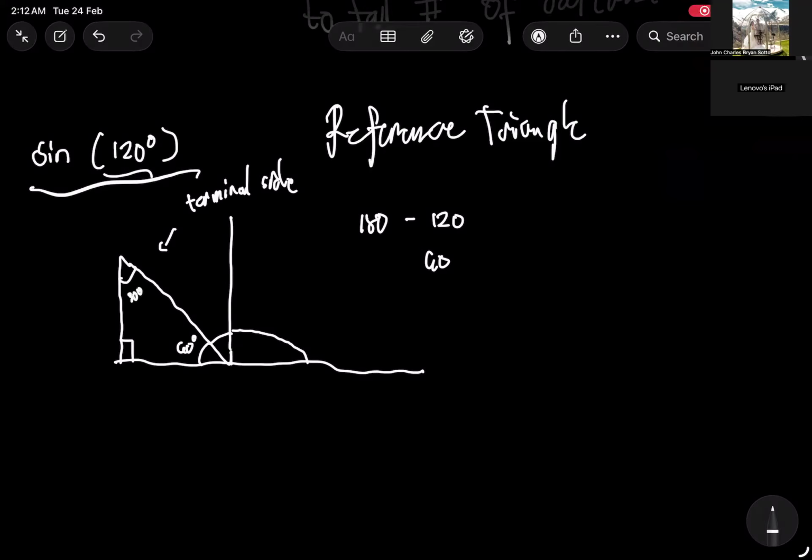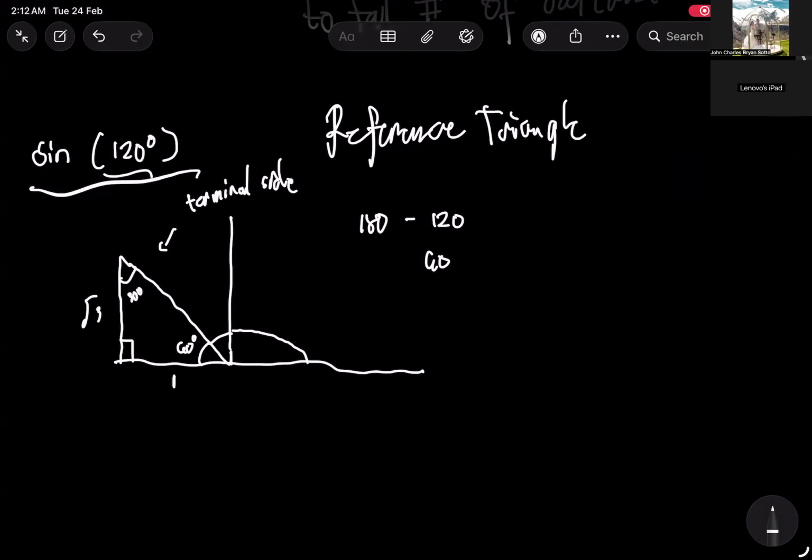So now we have the special triangle, the 30, 60, 90 triangle. How do we solve? What's the ratio? From the formulas that we have, the opposite side, the longer leg, is the square root of 3. This one is 1.